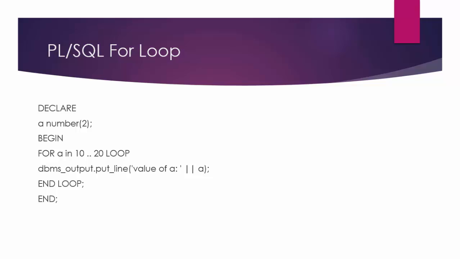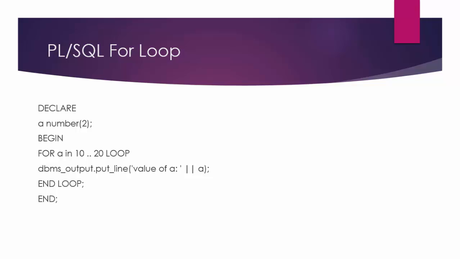PLSQL for loop. A PLSQL for loop is just like a normal for loop, it's just that the syntax is different. As you can see, a is a number, then begin. For a in 10 to 20, now these two dots represent the range. So between 10 and 20, 10 is the starting value and 20 is the ending value.